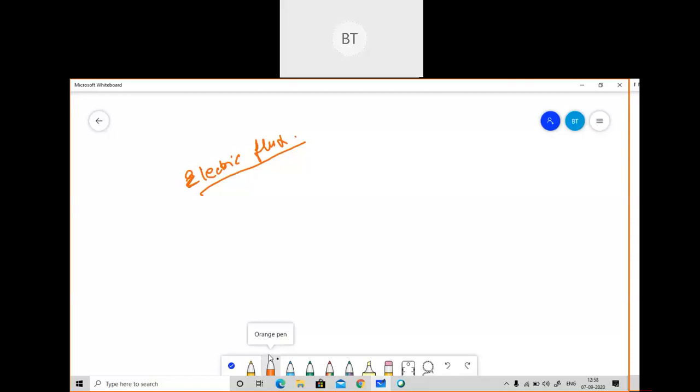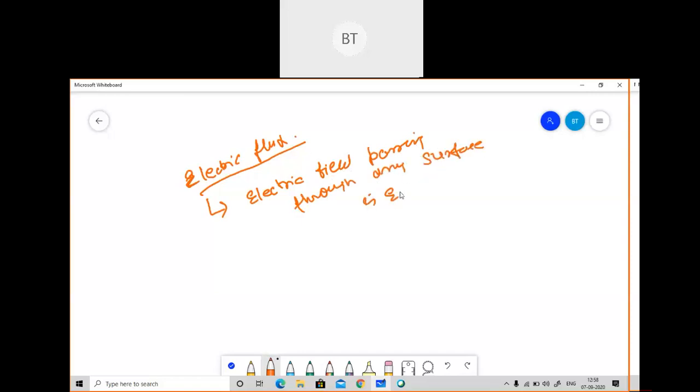Basically, electric flux is defined as the electric field lines passing through any surface.